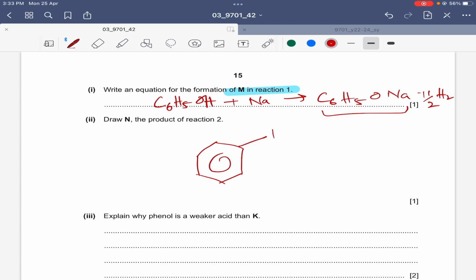Now this was phenol, and it makes all the 2, 4, and 6 positions active. So basically we get bromine on position 2, position 4, and position 6. So this would be the structure of 2,4,6-tribromophenol.